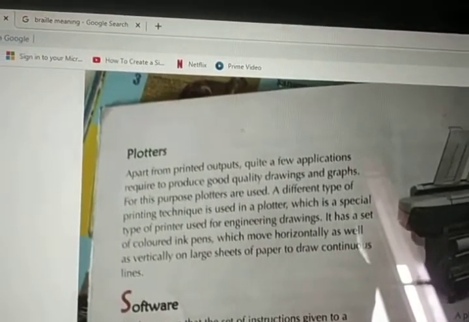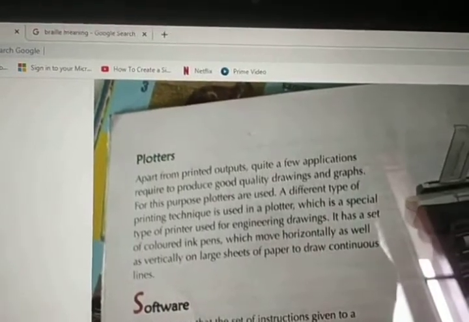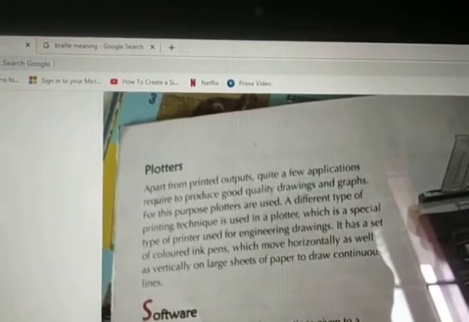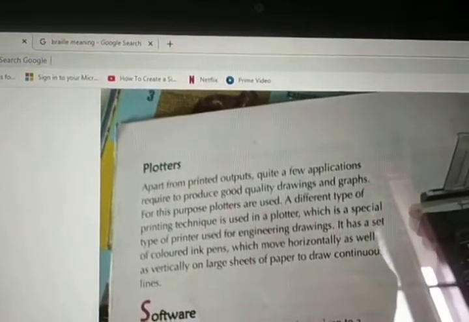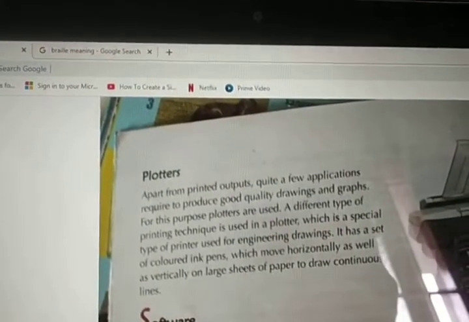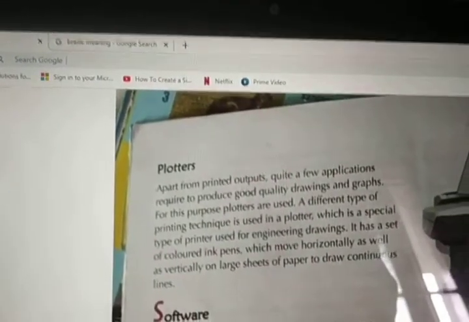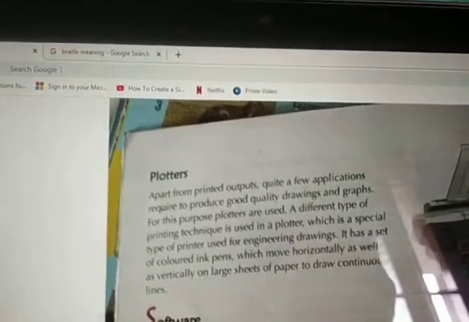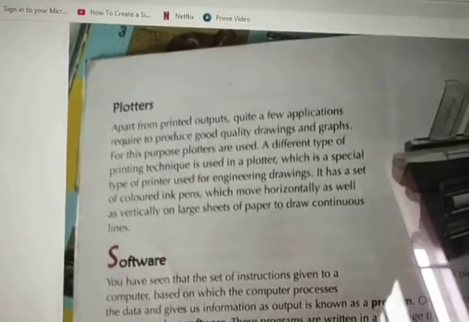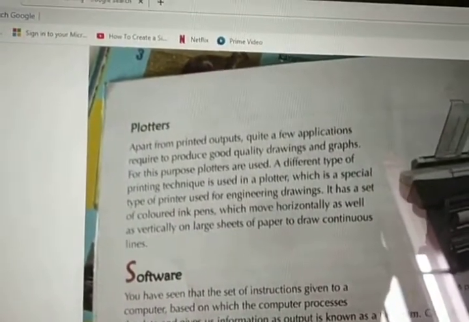The set of colored ink pens moves horizontally as well as vertically on a large sheet of paper, to draw high quality drawings or graphs. Okay. That is the use of a plotter.